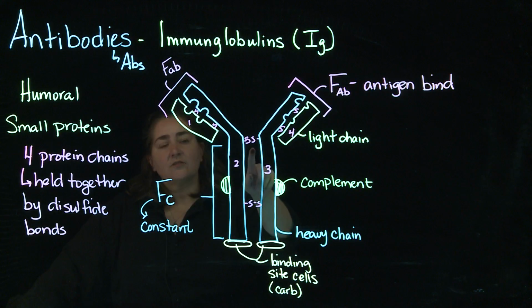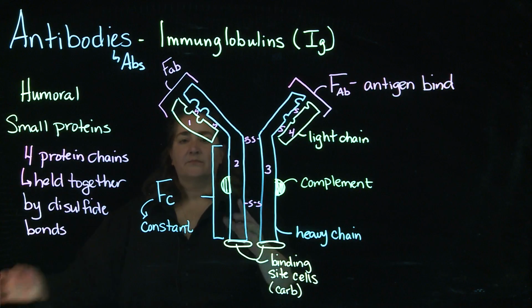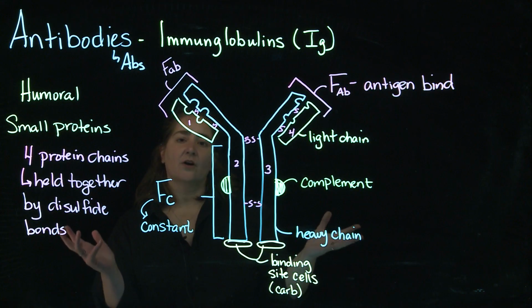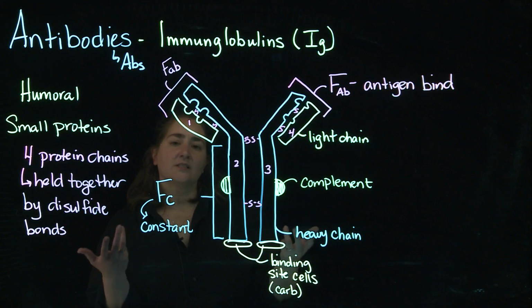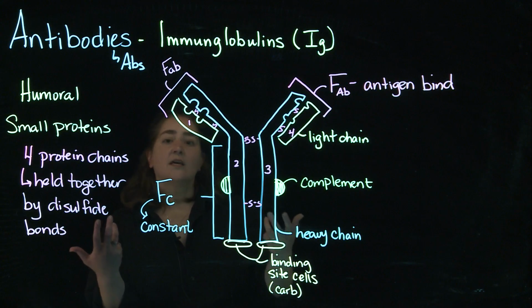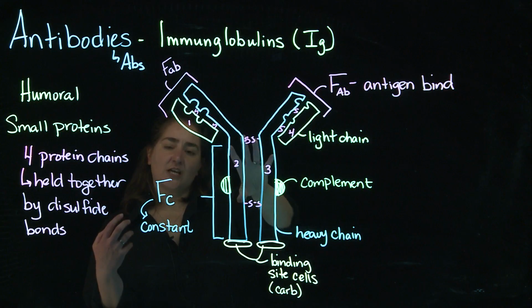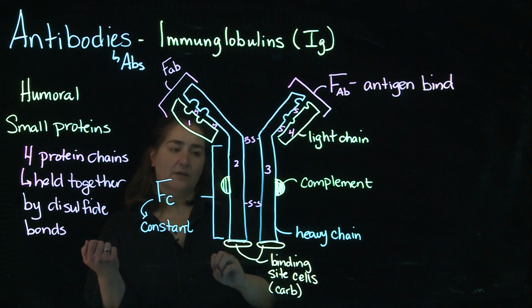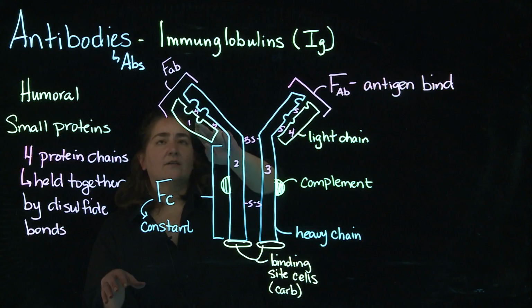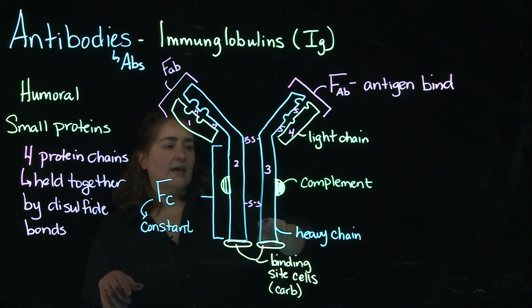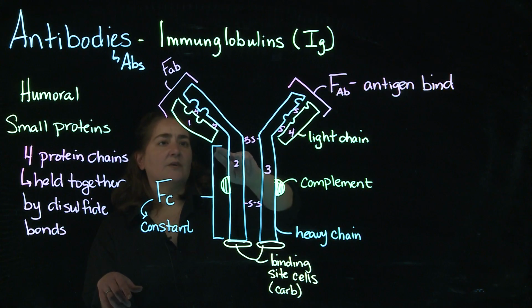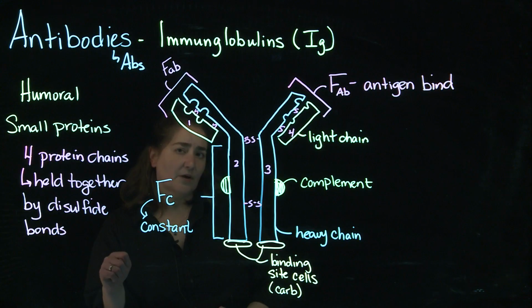If you break those disulfide bonds, our antibody falls apart, and now we have 4 proteins just floating around, and an antibody doesn't work unless all 4 chains are assembled together. So our heavy chain and light chain are held together by disulfide bonds.